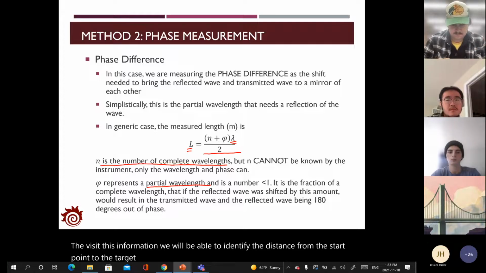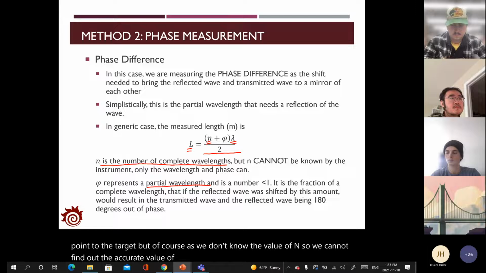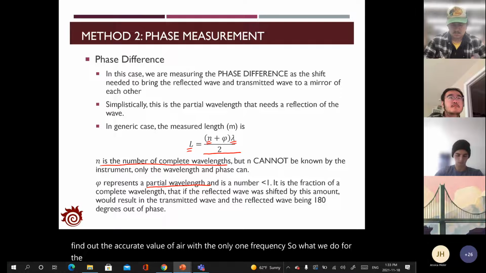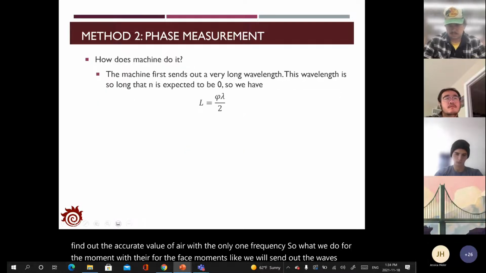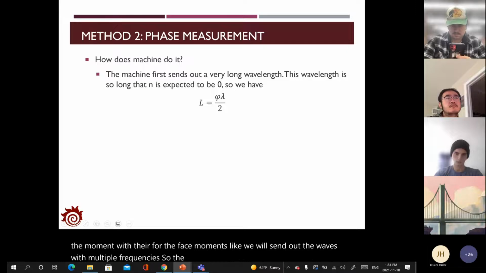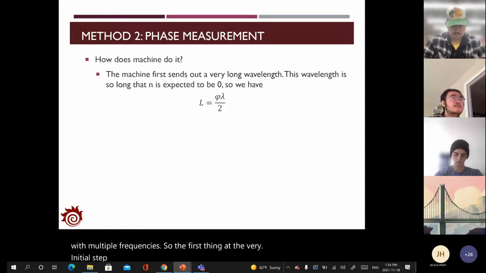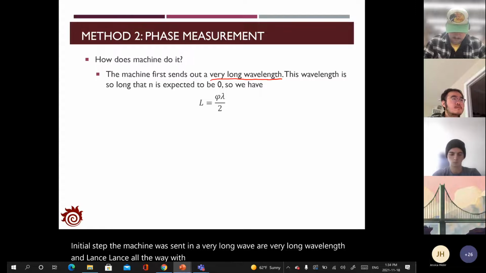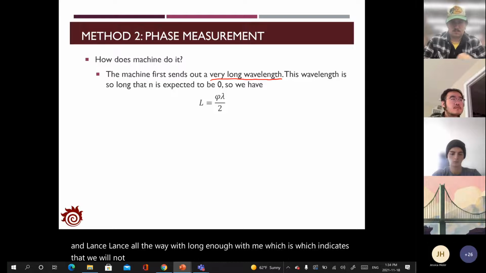But of course, as we don't know the value of n, we cannot find the accurate value of L with only one frequency. So for the phase measurement, we will send out waves with multiple frequencies. At the very initial step, the machine will send a very long wave, a very long wavelength, long enough that we will not observe any full waves during the measurement.